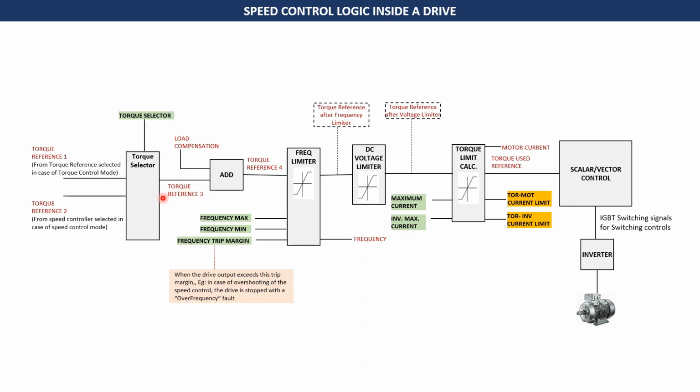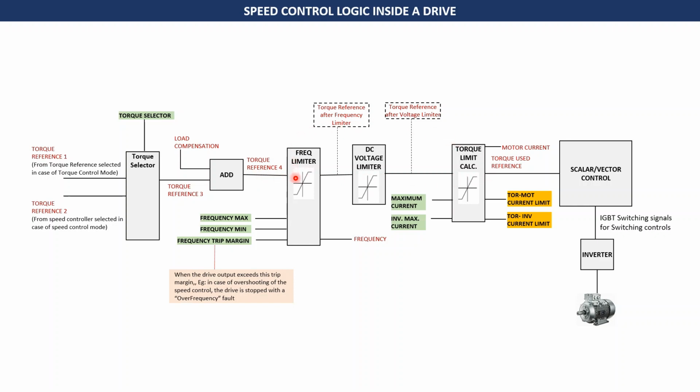The torque reference generated from the speed controller will be only a result of the additional speed that you want to run. Just to keep it simple, understand that you get the torque reference 2, and then you have the final torque reference 4, which goes into a series of limiting blocks.